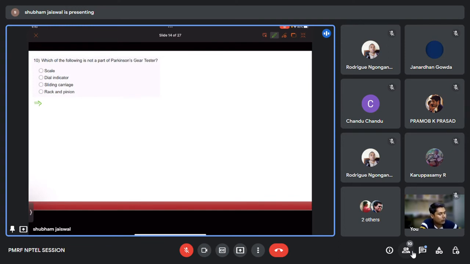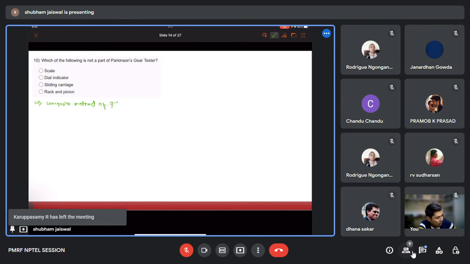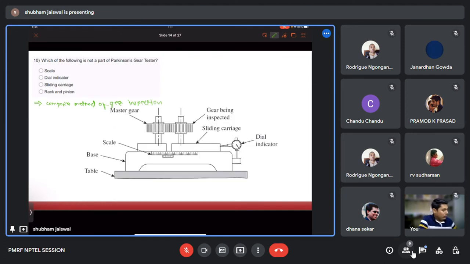Okay, so the Parkinson gear tester is a composite method of gear inspection. What we do is take one master gear and fix it here on the base plate. Then we take the gear which is to be inspected and mount it on the sliding carriage, or the floating carriage.